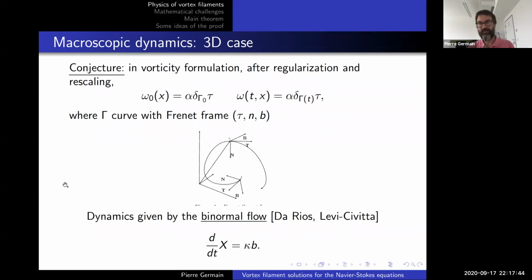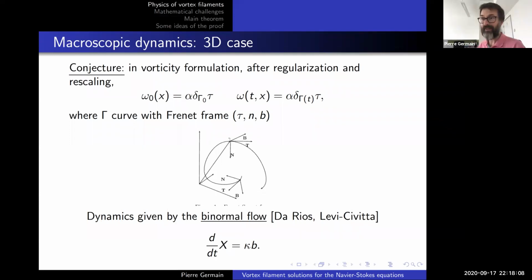So that's a very beautiful conjecture that in the appropriate singular limit, the dynamics of the curve gamma is given by this geometric flow, but it's, I would say, completely open as of today.